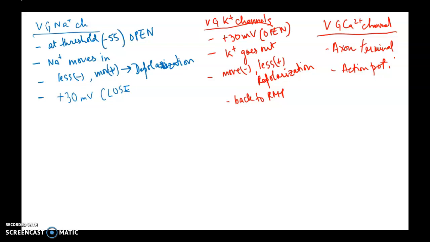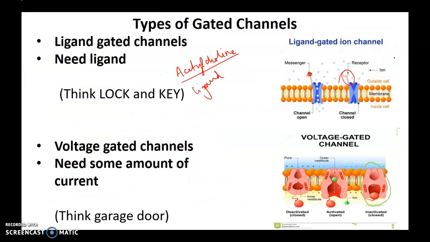It continues to depolarize until it hits positive 30 millivolts, and at positive 30 these channels close. By close, are they closed or are they deactivated? At positive 30, they reach the deactivated state.